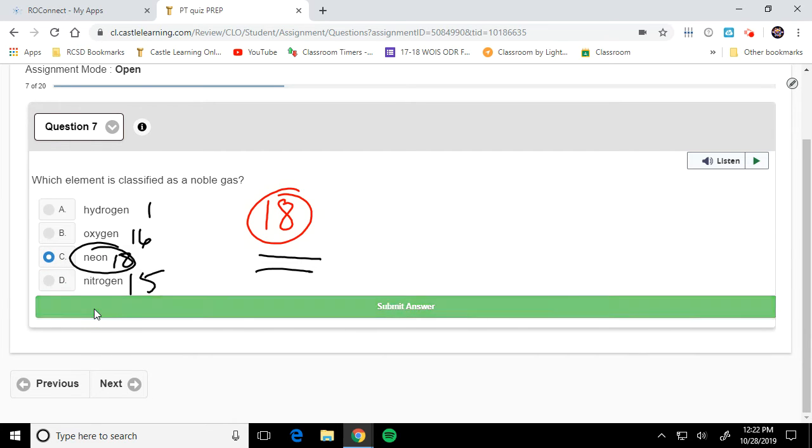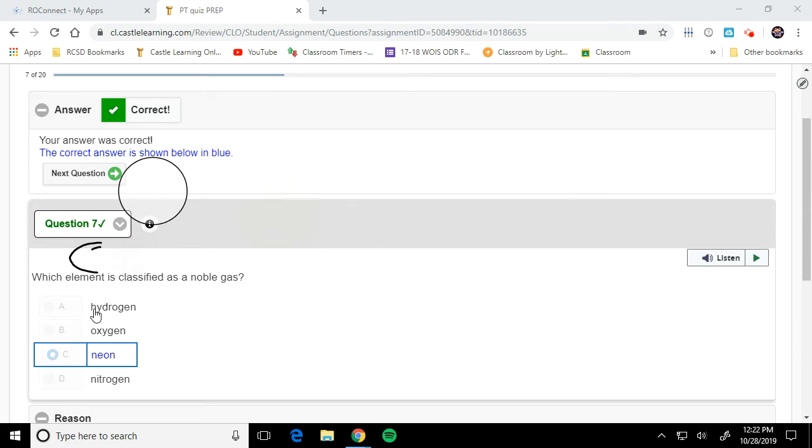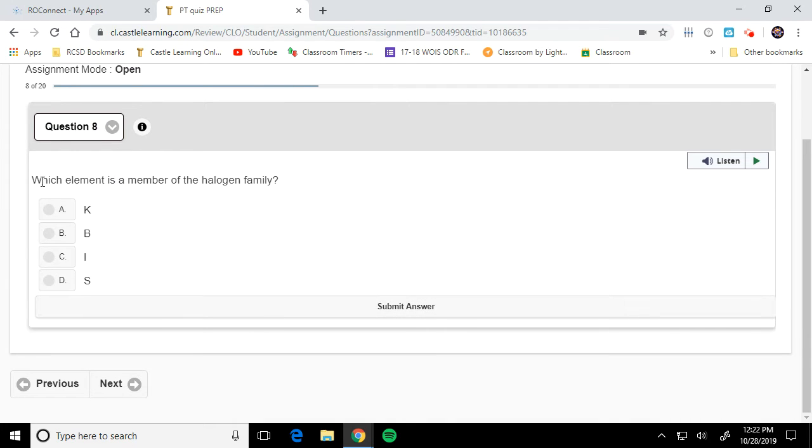Again, another definition question. So I have a feeling that this unit you can really boil down to definitions. Okay? Moving right along. Which element is in the halogen family? I need to have memorized that the halogen family is group 17. Potassium is in group 1.